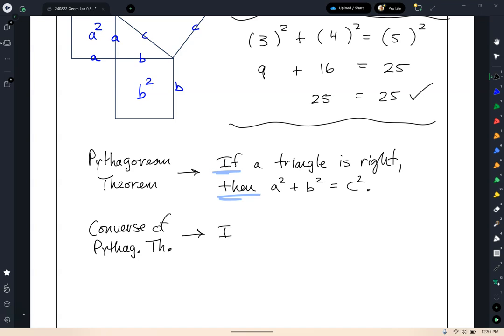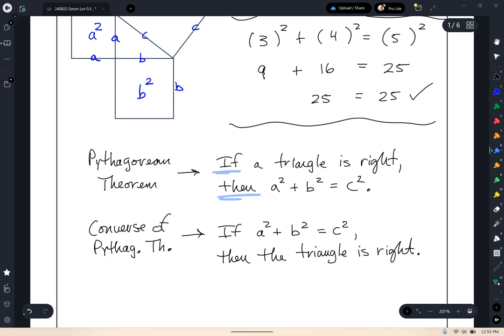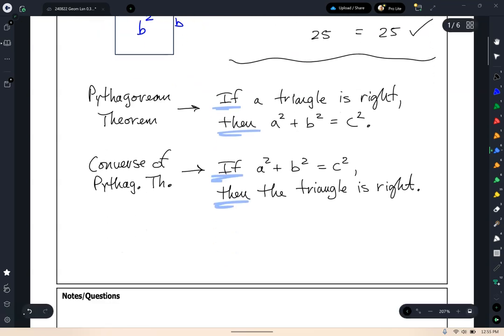So we're going to say if a squared plus b squared equals c squared, then the triangle is right. Again, underlining the if and the then.